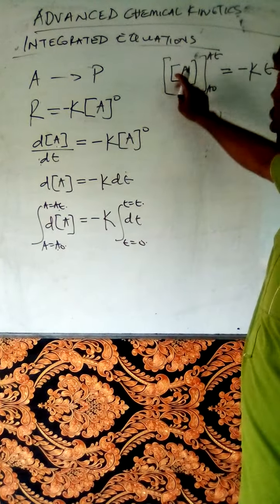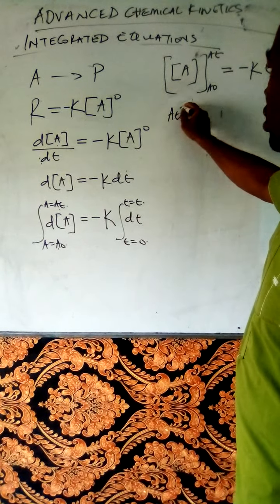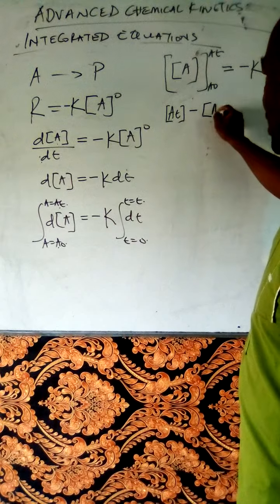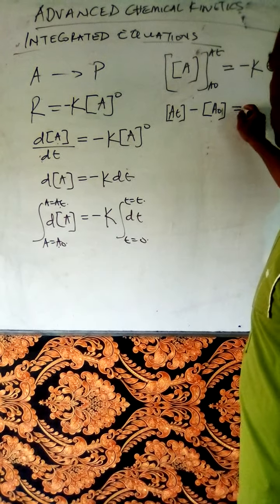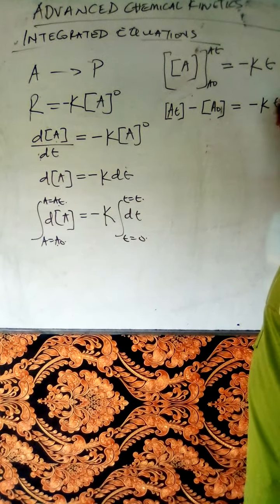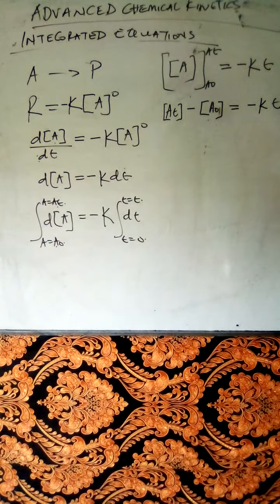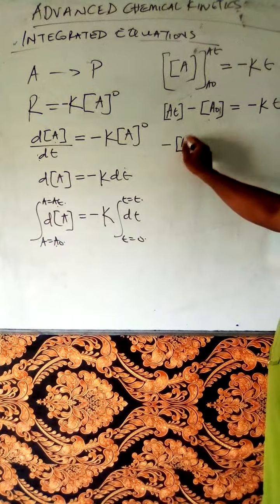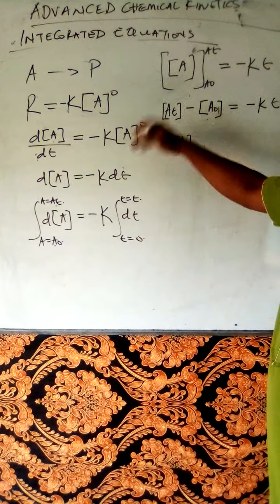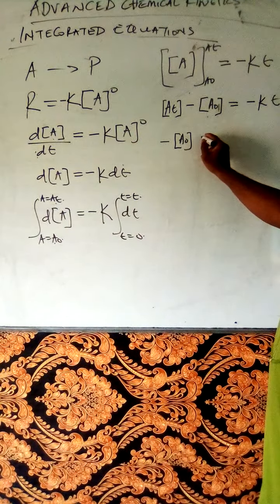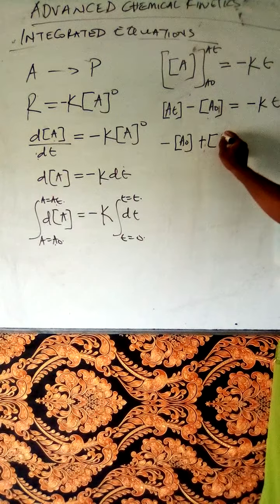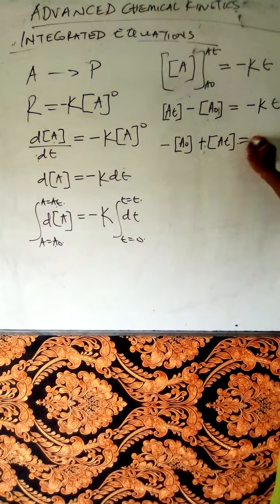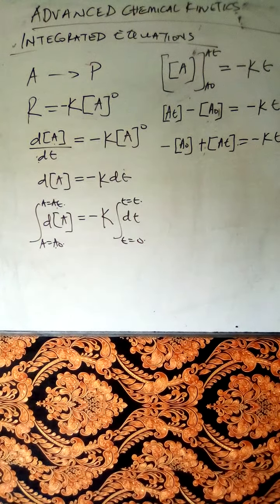If I substitute here, I have the concentration at time t minus concentration of A at time 0 equal to minus kt. So if I swap, I will still have minus A0, that is putting this one in front, plus At, that is it, equal to minus kt.